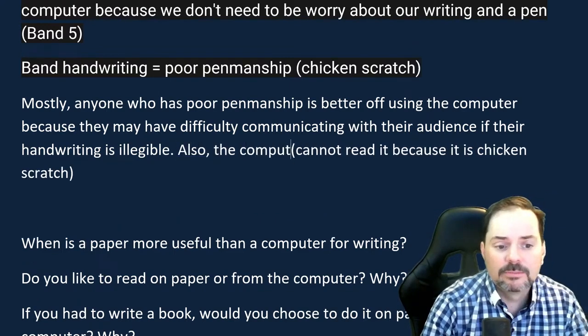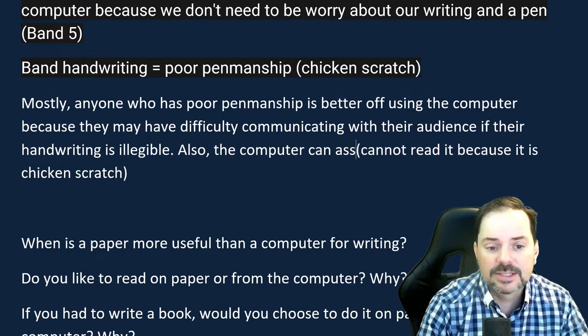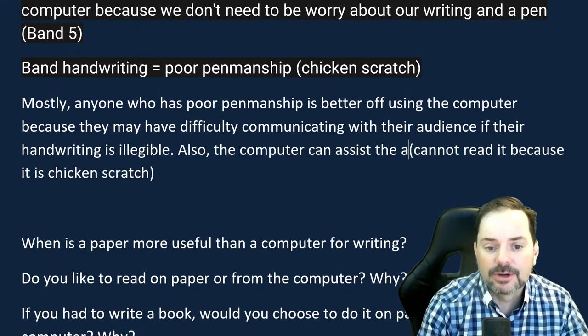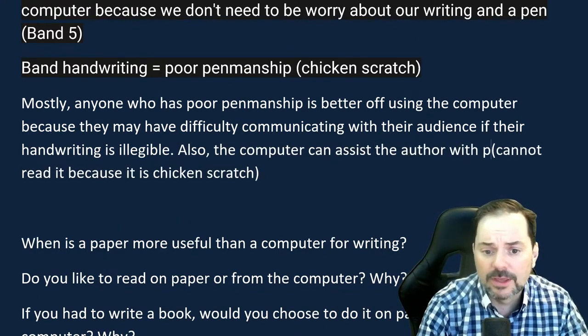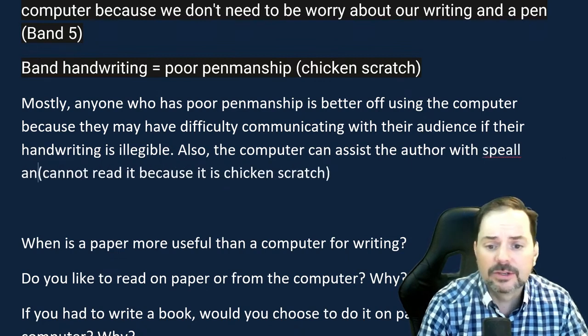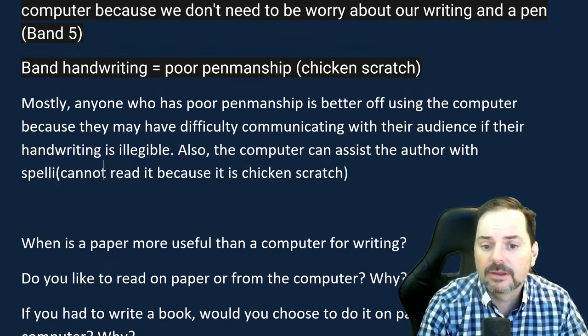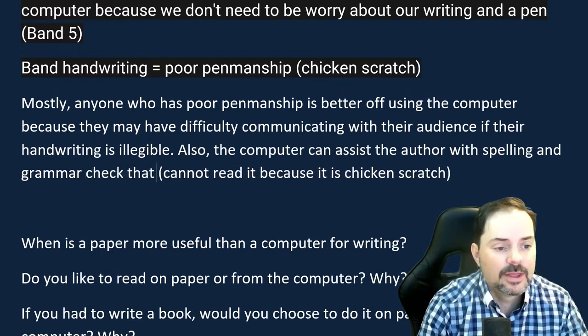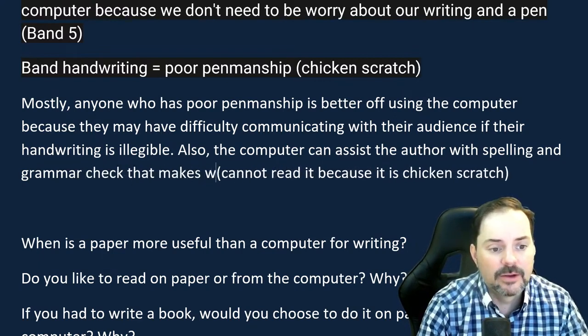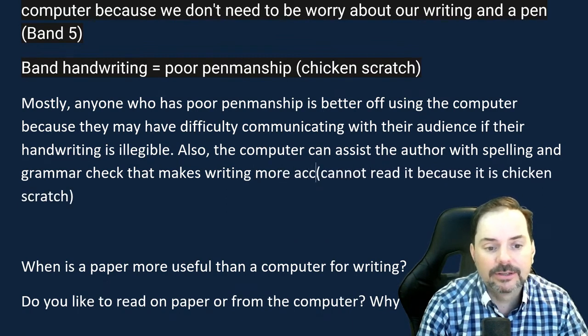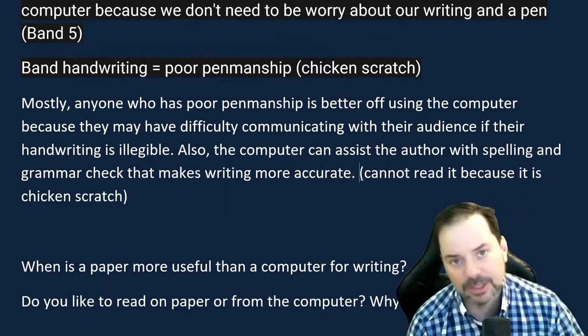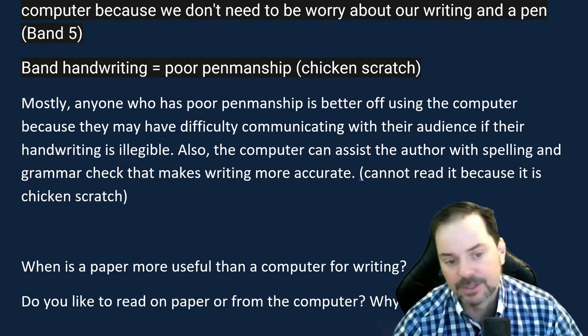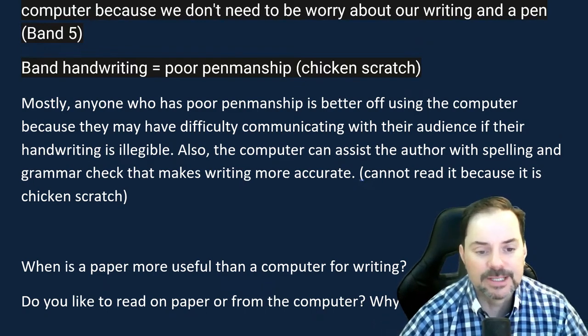Also, the computer can assist the author with spelling and grammar check that makes writing more accurate. Unfortunately, you do not have those tools in IELTS in the computer-based test.